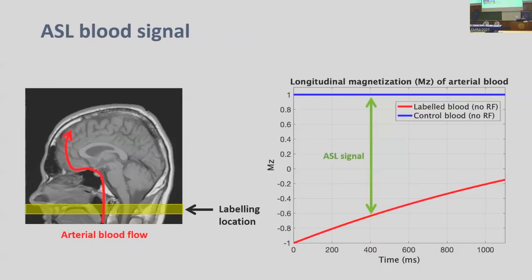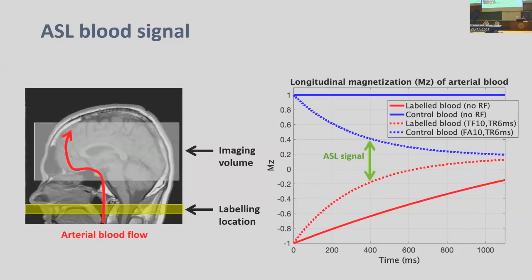ASL uses two images, the labeled and control images. In the labeled image, the labeling inverts the blood magnetization, which recovers with time like those red lines. Then the control image is acquired without the labeling, so the blood magnetization is ideally unperturbed.